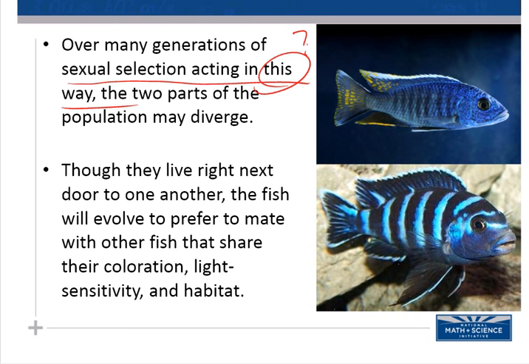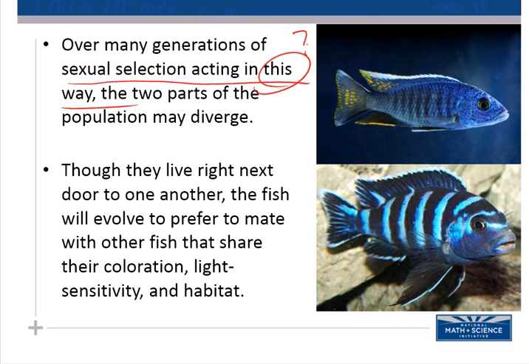And then they used a filter to affect the type of light that the fish were getting in each aquarium such that there was no coloration present. And if they filtered out the color so that the males all looked the same, then the females had no mate preference. So they would mate with either male.